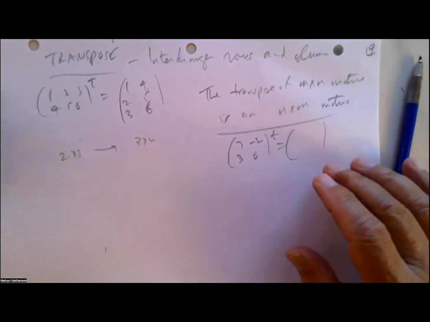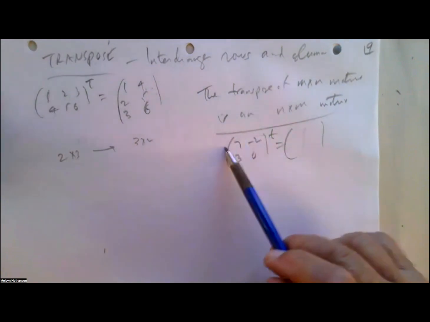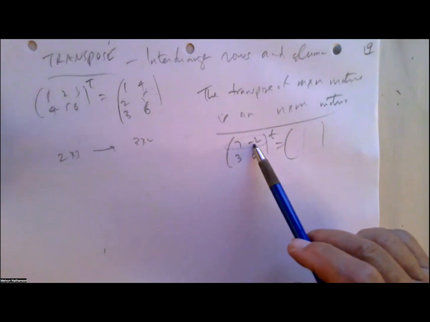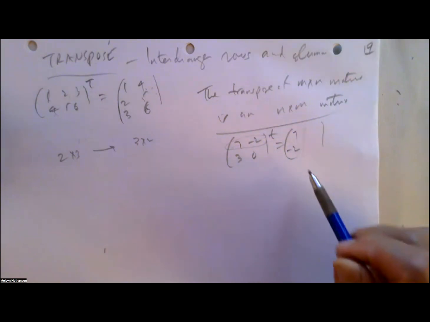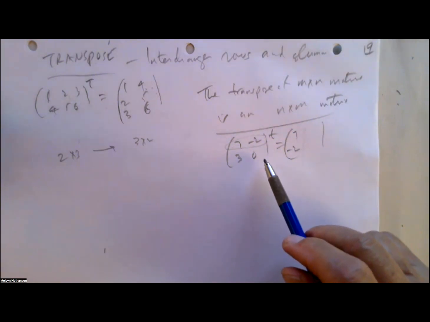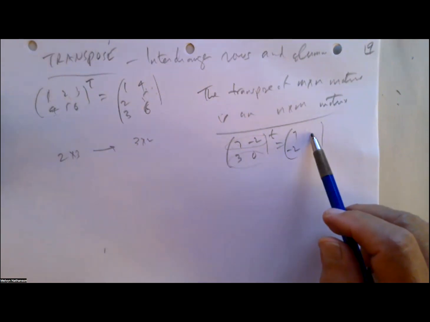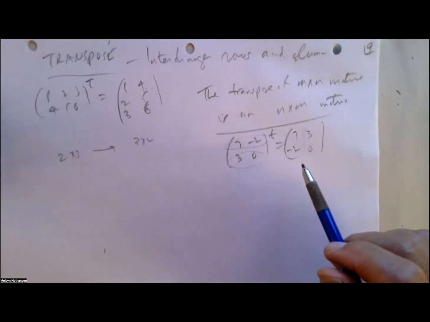Can someone tell me what will be the first column of the transpose? The first column of the transpose is the first row of the original matrix. So if the first row is 7, minus 2, the first column is 7, minus 2. If in the first matrix, the second row is 3, 0, in the transpose matrix, the second column will be 3, 0. Right?